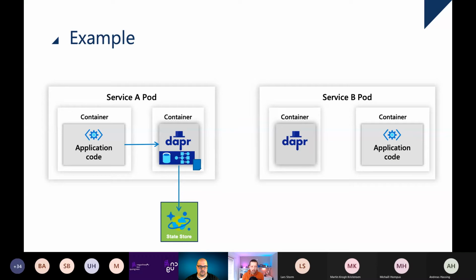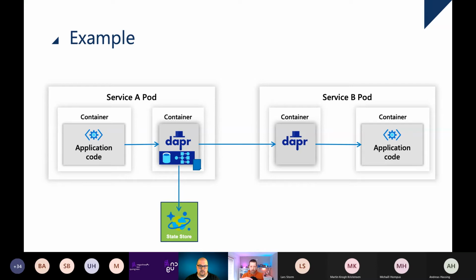Then it will make a call to the sidecar of service B, and that sidecar can make the final call on the application code. And of course, if service B returns anything, then that will flow over that same connection.